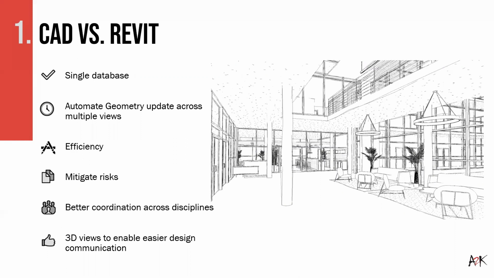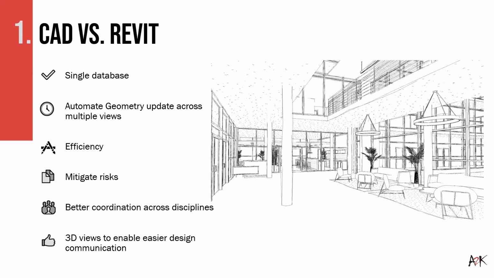You're going to gain efficiency as you progress and learn more about using Revit. You're going to mitigate problems because those drawings will be automatically updated, so you don't need to double check where they are, if the geometry has gone, or redraw things over and over again.